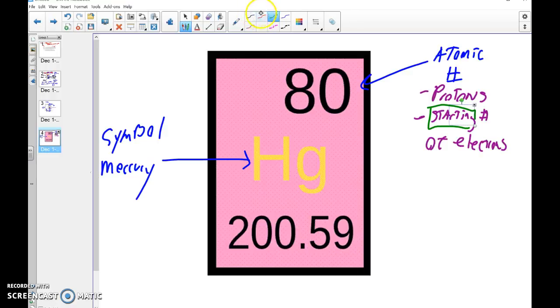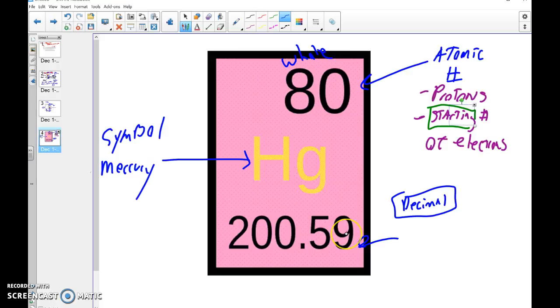Now, down here at the bottom, you'll notice we have a different number. And the thing here about this number is it's a decimal. And this is how you can always tell the numbers apart. On a periodic table, there will always be, within the block, the atomic number, which is always a whole number, no decimals. The symbol, which is just letters.